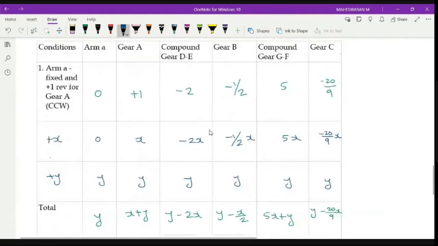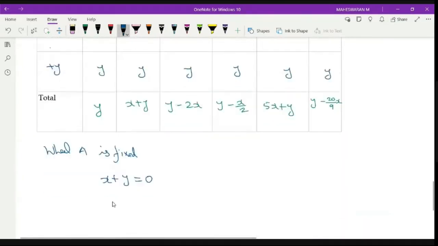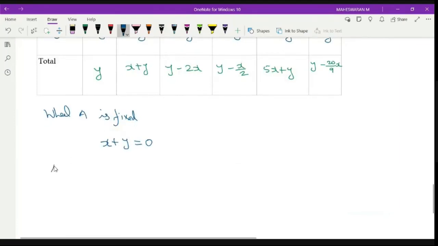Arm is y, so y is equal to minus 20. Why minus? Because it is rotating clockwise. Solving these two, x will be 20, so 20 minus 20 will be 0.